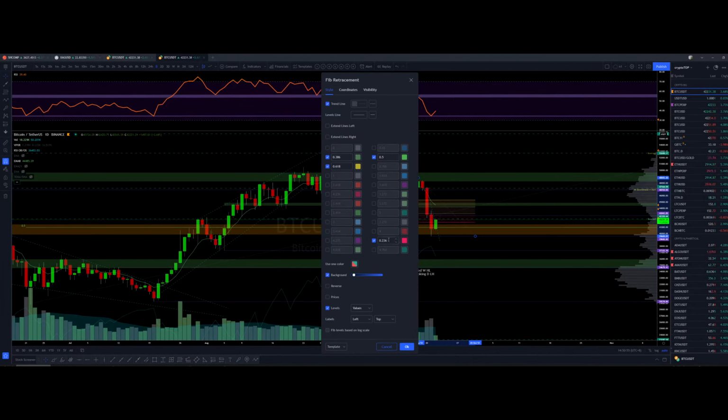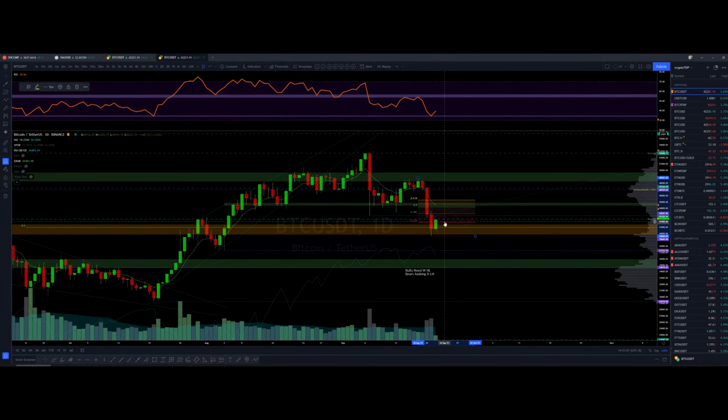Right now we're between the 0.236 and 0.386 fibs here. We didn't bounce a lot at all from there, and from the top we're not even at 0.236 right now.